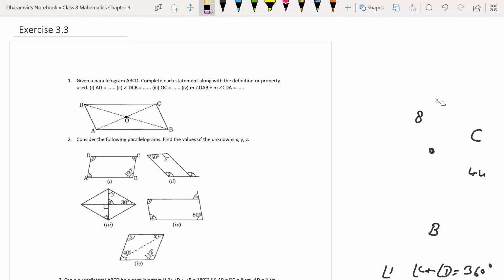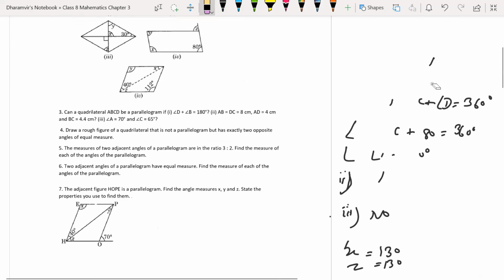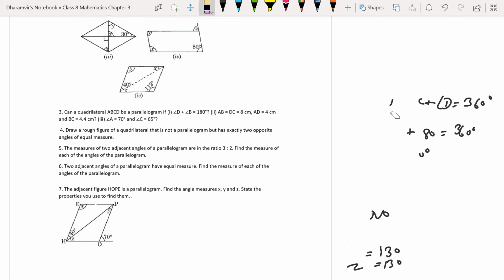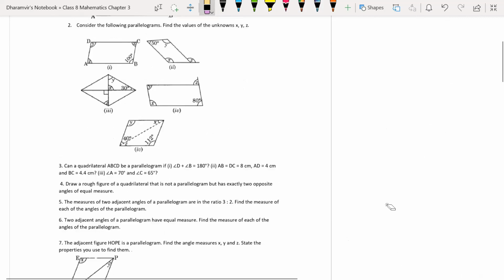Now, let's state question 4 and we will find out the solution. It states: draw a rough figure of a quadrilateral that is not a parallelogram but has exactly two opposite angles of equal measure.